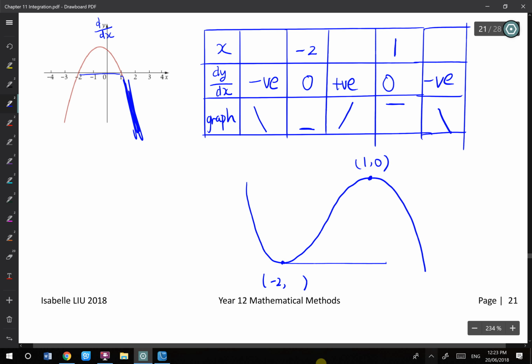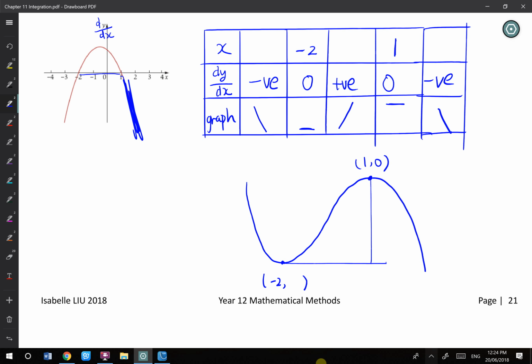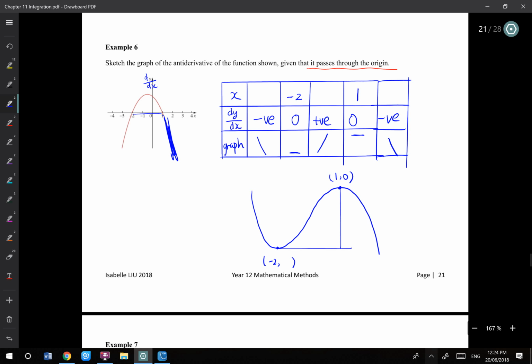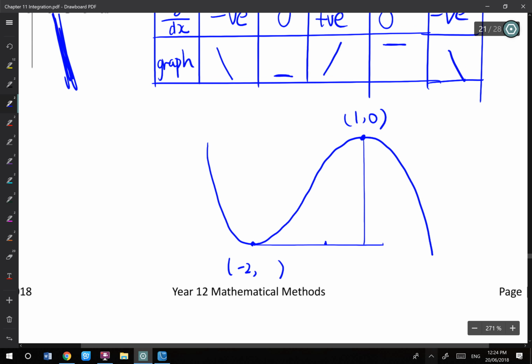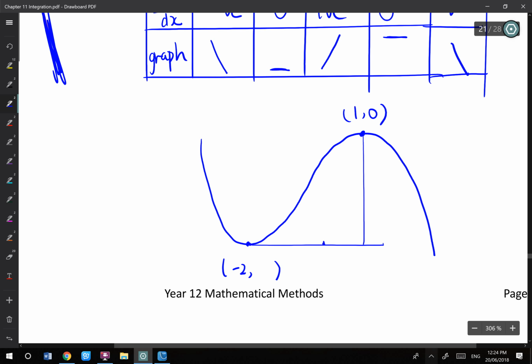If I do that, that will be the y-axis, because -2 is here, 1 is there.